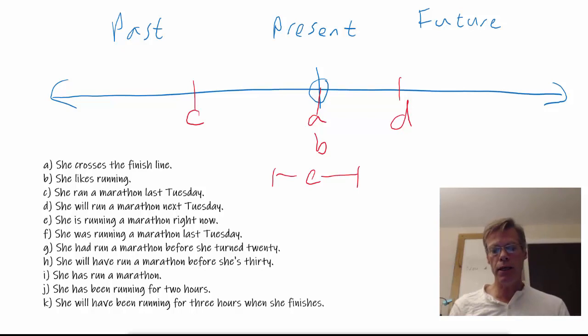Now, like B, where it extends into the past and the future, this one is slightly different, though, where E is explicitly telling us that this happened over a span of time. That's what the progressive aspect does. It draws attention to the duration of something.